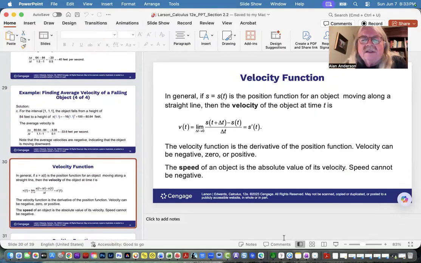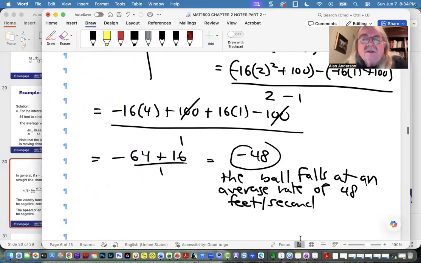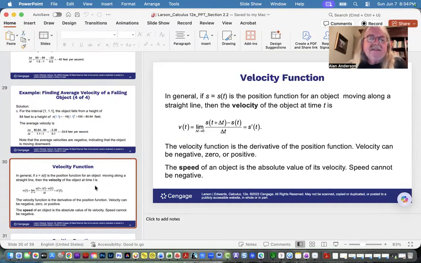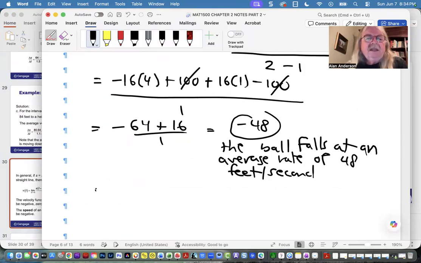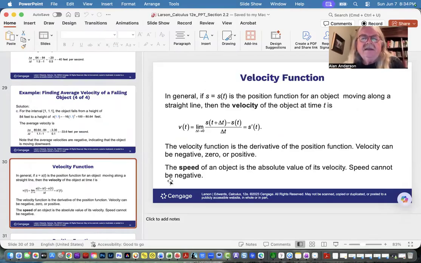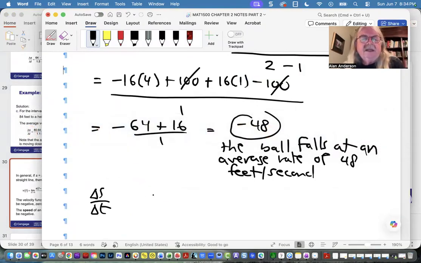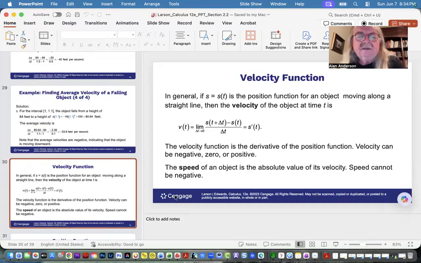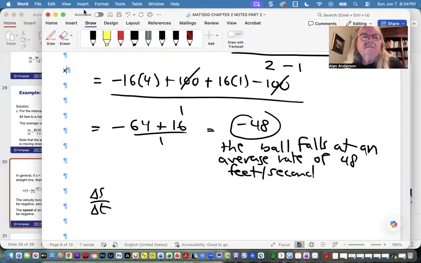So yeah, we don't need to do all of these. So velocity, then, because of the way it's defined, and they're using the limit definition here, by the way, if the rate of change is delta S over delta T, then as the t's get closer to each other, notice instead of looking at two different seconds, we're looking at like nanoseconds or something like that.